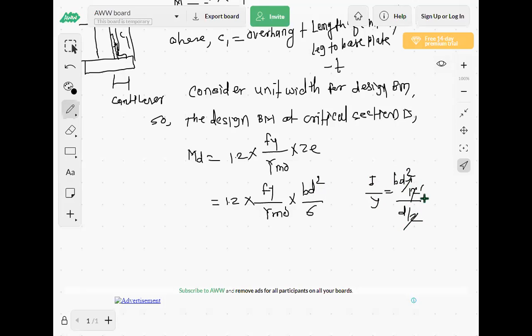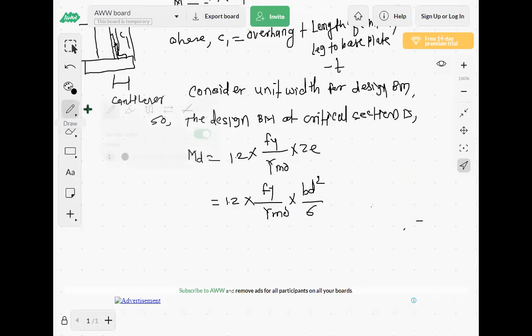So this 6 and this will be the square. If we do this calculation, we will get this ZE value as BD square by 6.